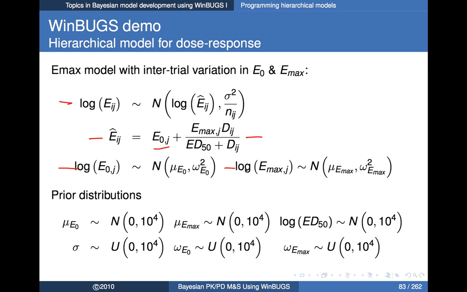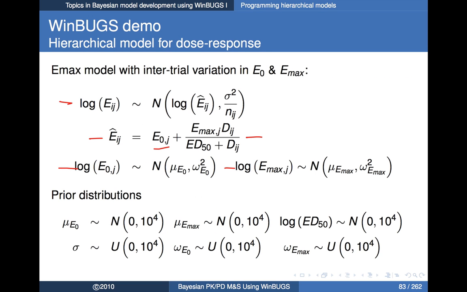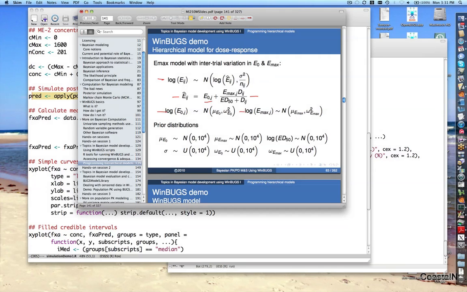That's the key difference. We've now got a hierarchical model with inter-trial variation as well as residual variation, and we're going to want to do some simulations based upon a model with that structure.